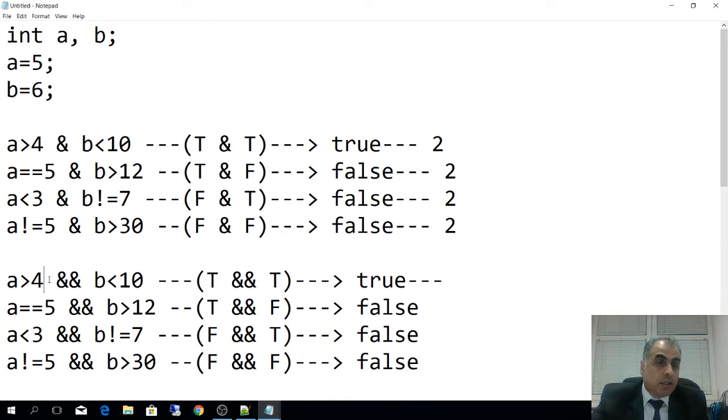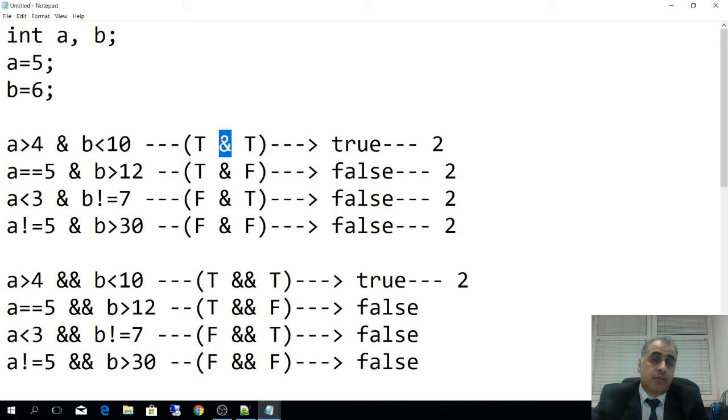Okay, A is greater than 4. Is it true? Yes, this is the first process. And we check the second one. B is less than 10. Is it true? Yes, it is true, and we do 2 processes. So as you see, there is no change for this one. So it is useless to use double ampersand here.